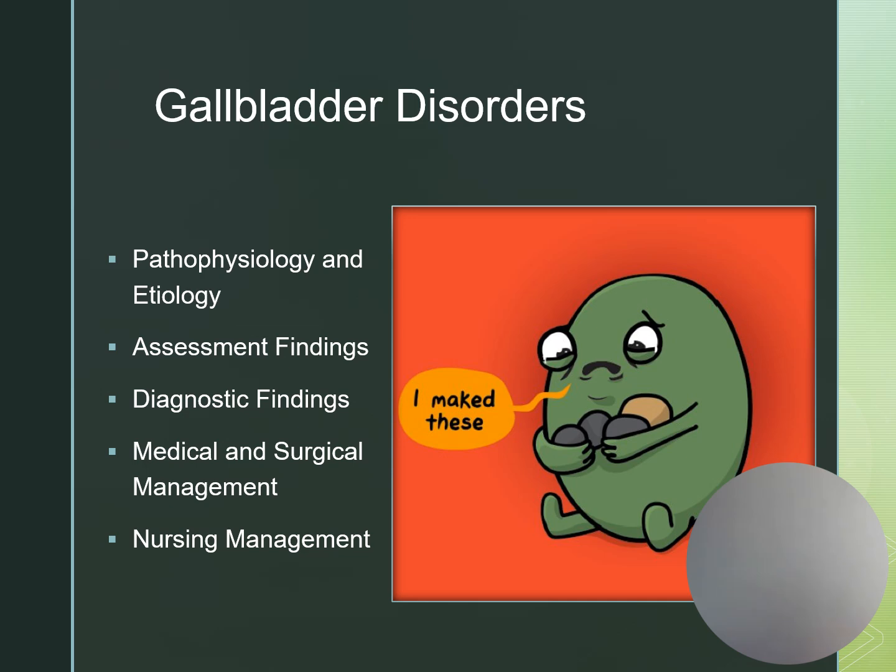An open cholecystectomy is going to be a diagonal type incision located in the right upper quadrant. Post-surgery, a T-tube may be inserted to drain bile, and that will be for a period of time before it will be finally removed.